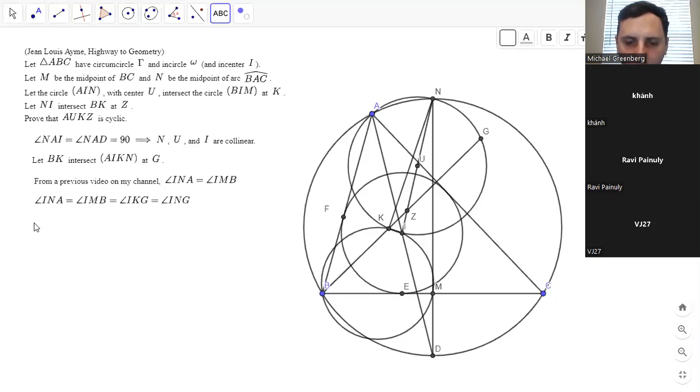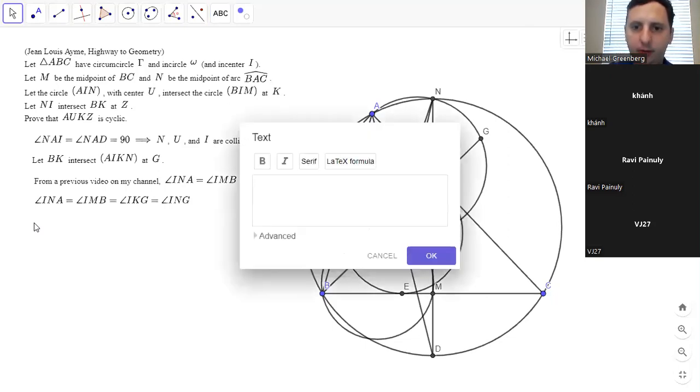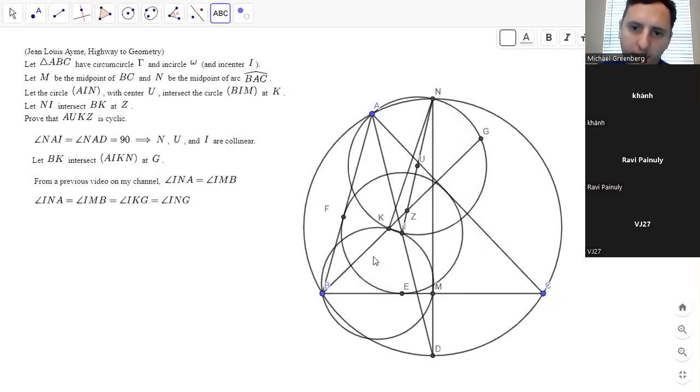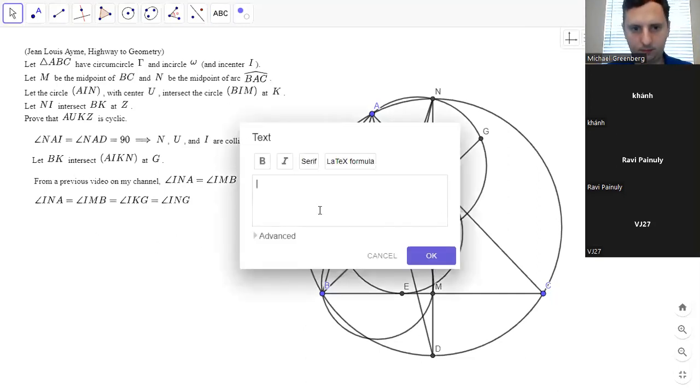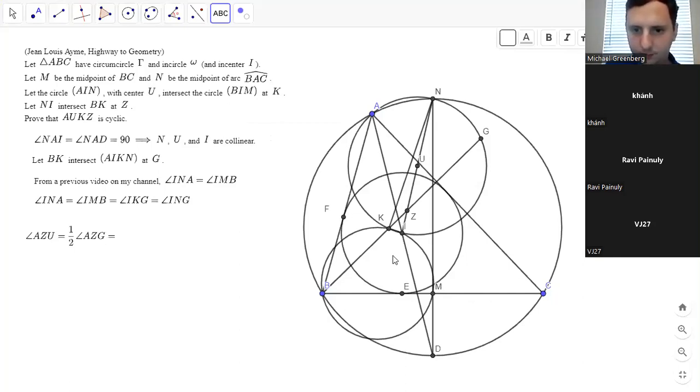I'm going to write it like this. So angle AZU is half of angle AZG, which is half of an angle.